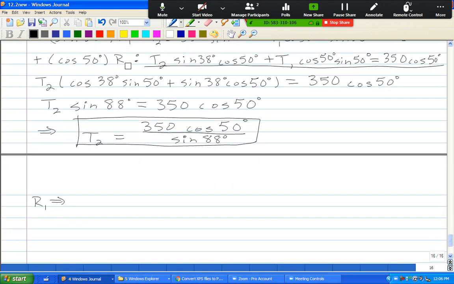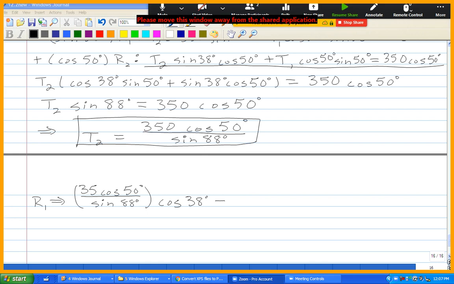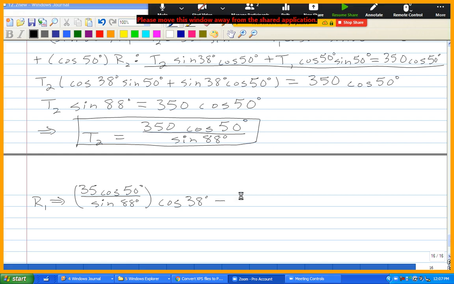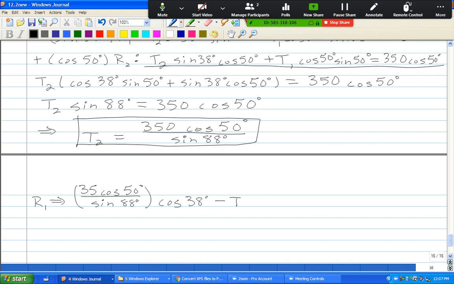I have T2, which is 350 cosine 50 degrees over sine 88 degrees, times cosine of 38 degrees, minus T1 cosine 50 degrees is 0.